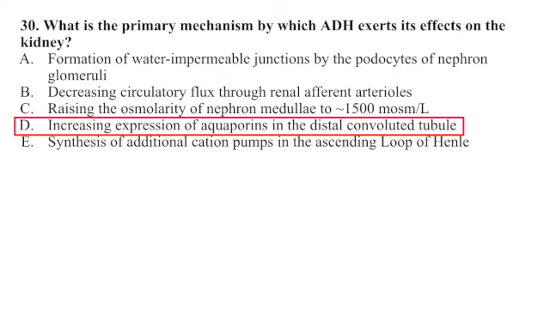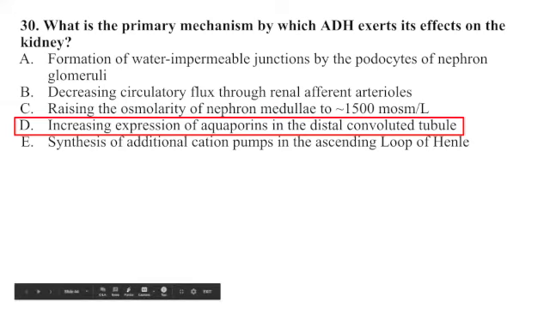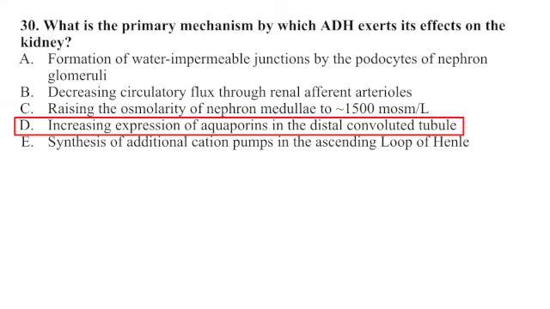The action at the V2 receptor initiates a signaling cascade which leads to the activation of adenyl cyclase, which produces cyclic AMP. This causes aquaporin-containing vesicles in the cytoplasm to move to and fuse with the apical membrane of the collecting tubule.